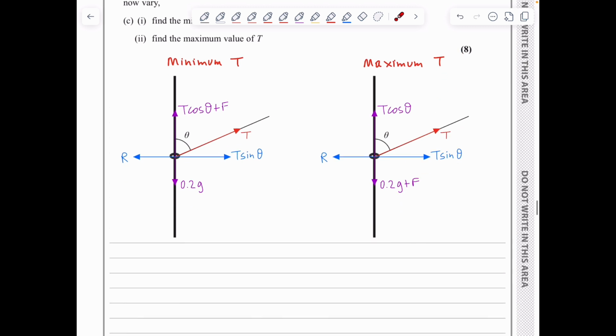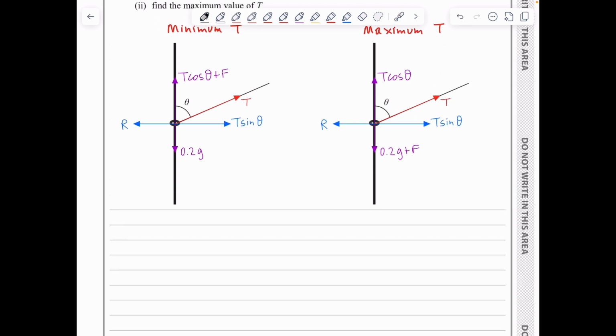I will start by stating that in both cases the reaction is T sine theta, so it's going to be 12T over 13. Remember, we found sine theta to be 12 over 13 from the triangle we drew in the previous parts.